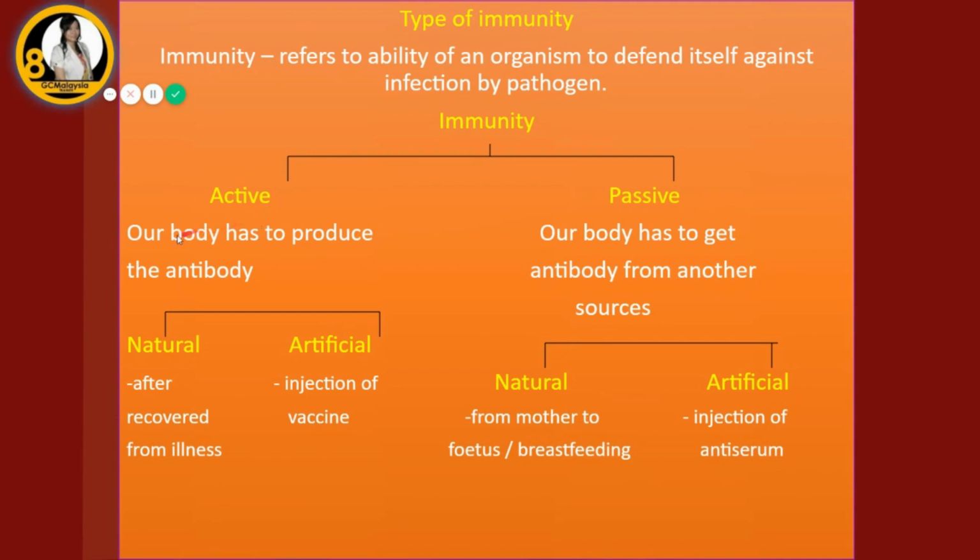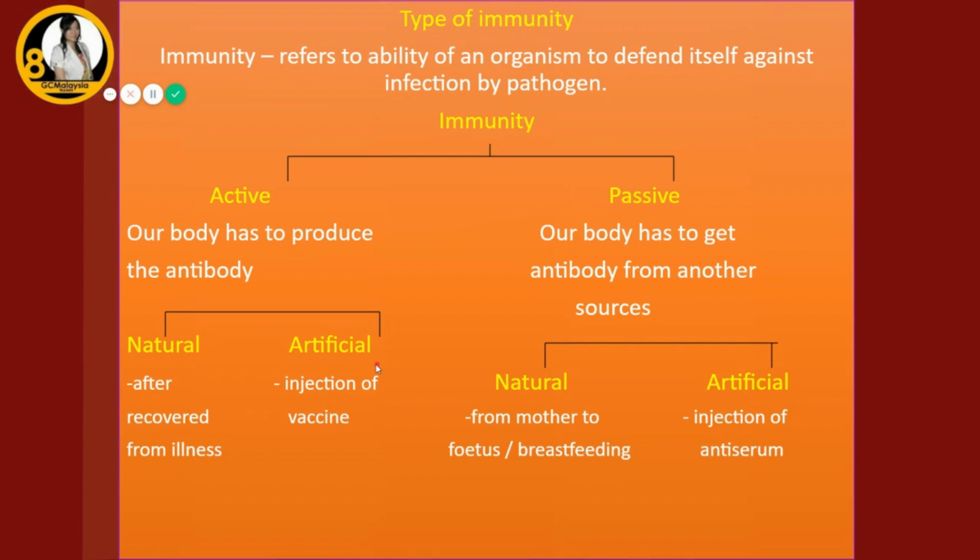Active immunity. Our body has to produce the antibody. Passive immunity. Our body has to get antibody from other sources. Natural active immunity. We will obtain this after recovering from illness. Artificial active immunity.